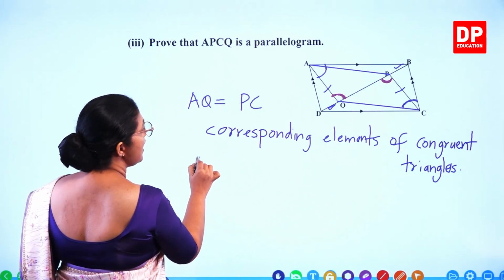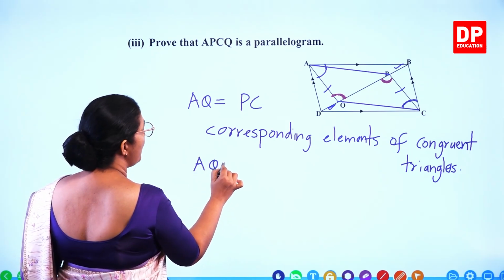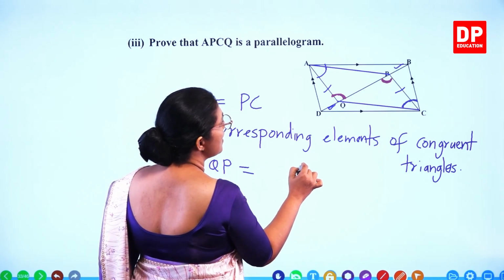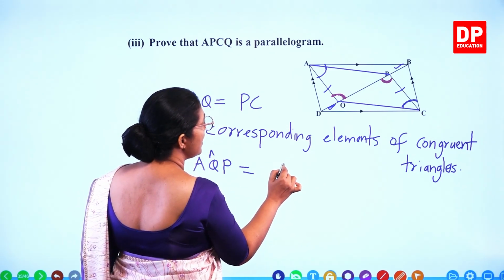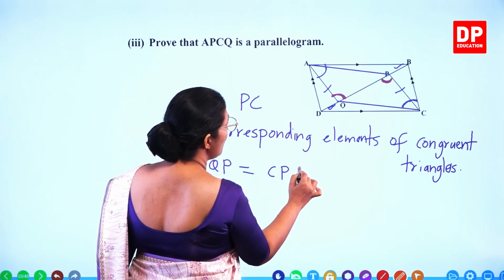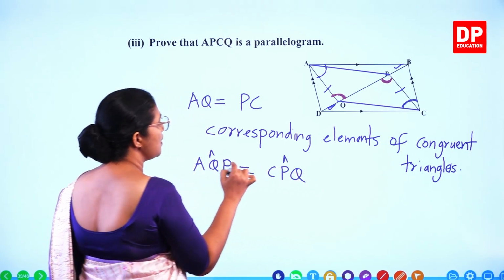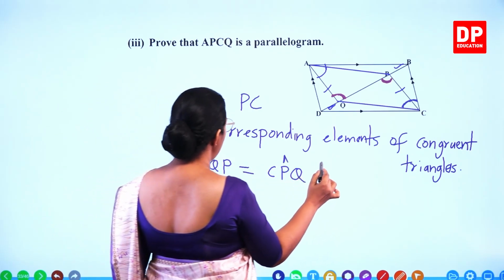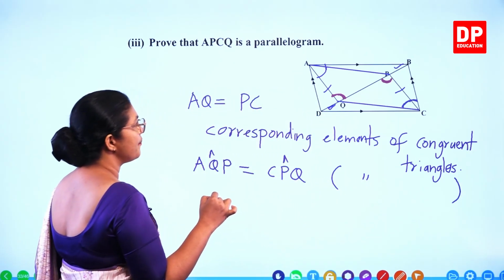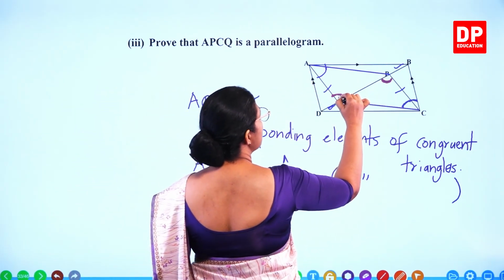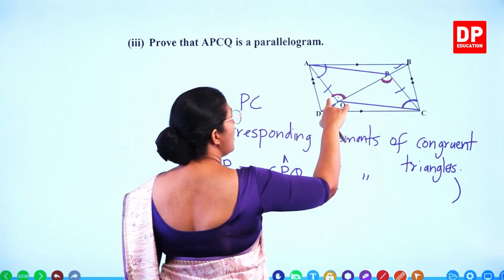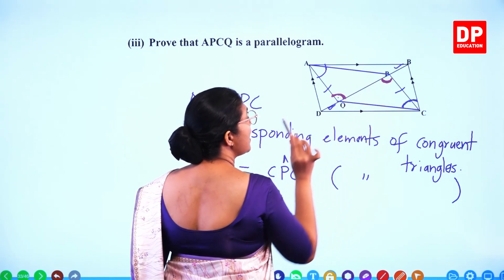So you can say angle AQP is the same as angle CPQ. Same reason, corresponding elements of congruent triangles. Because opposite to AB, that angle is the same as opposite to CD, that angle. These are equal.